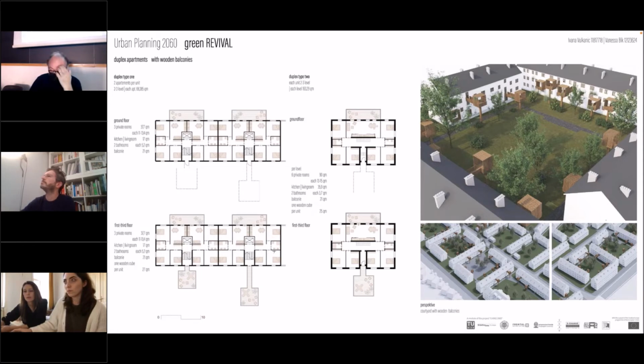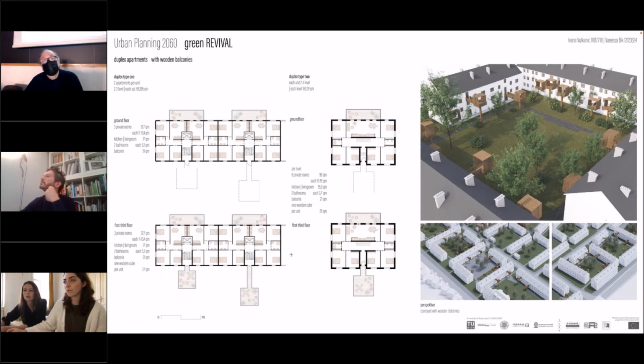So in this way, we got more rooms. We created more apartments for a family, or they can also be shared apartments. So it's very easy to change the function of those apartments. It's not like the existing area now, which has only one room or very small rooms, so it's not very functional.